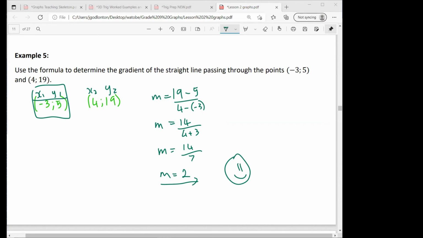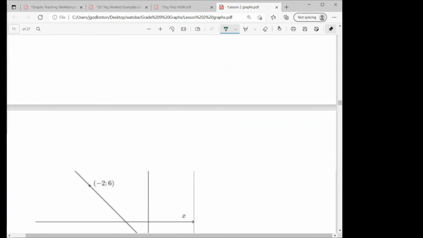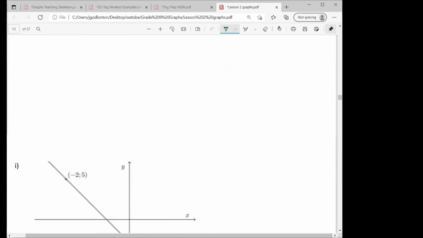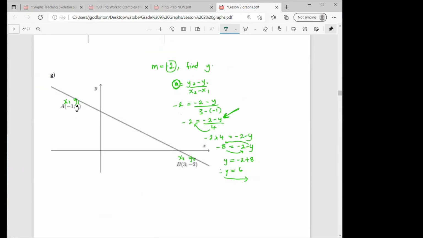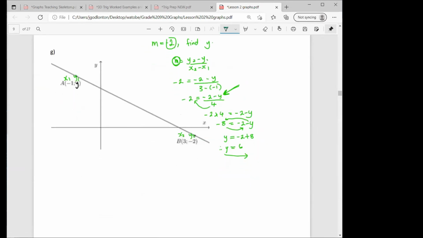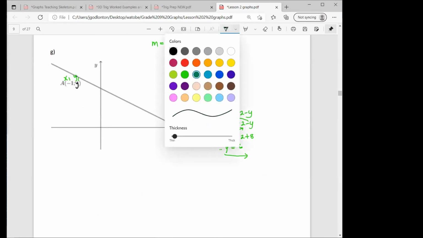I'm going to go up to our previous question. Look at all these glorious ones in the middle. Okay, I won't be able to be on this question and another one, so I'm just going to draw one for you.